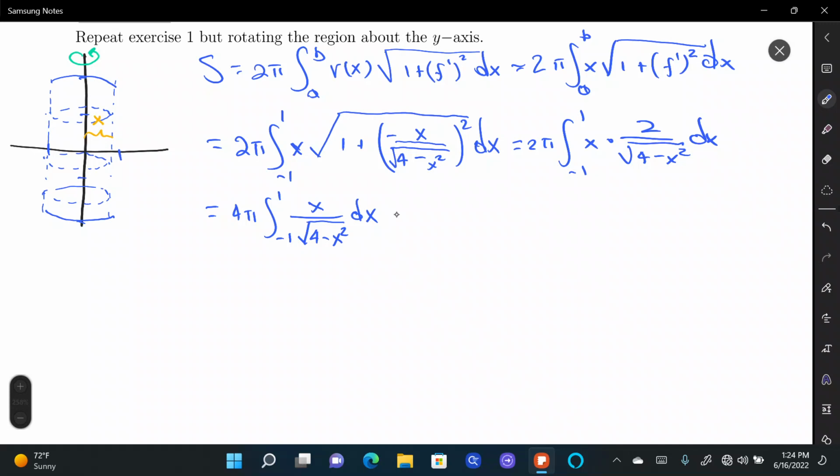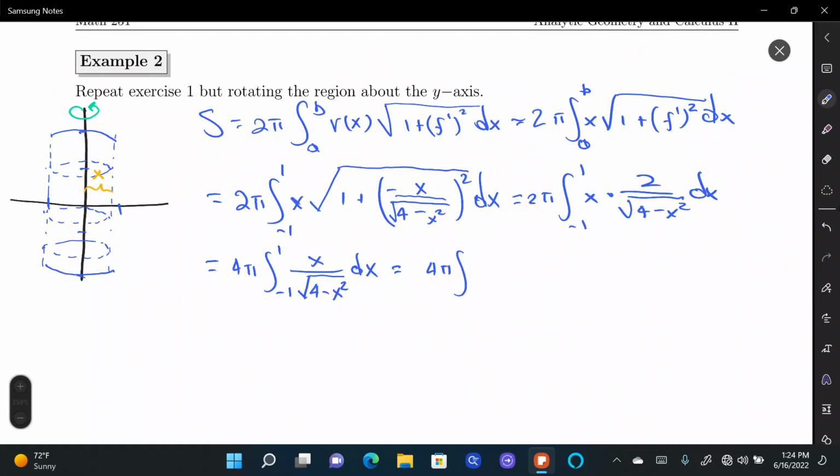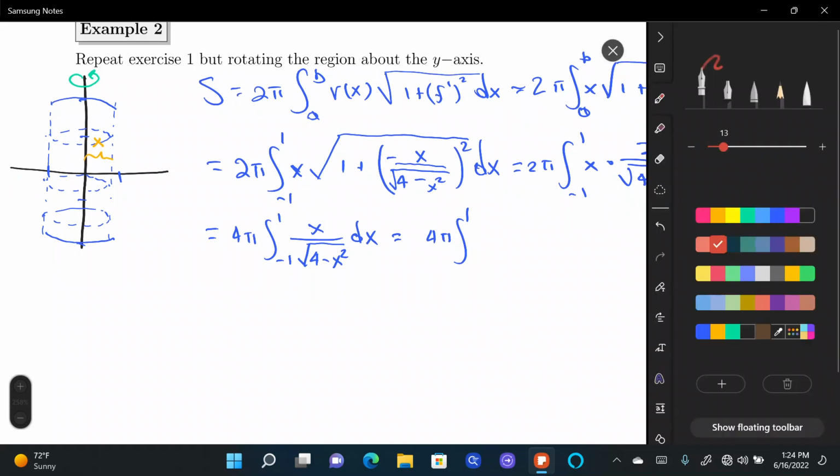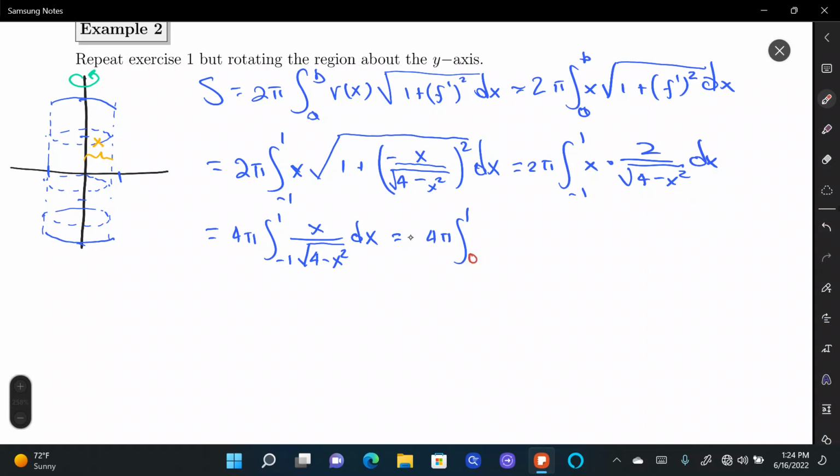So instead of integrating from -1 to 1, I'm going to integrate from 0 to 1, and multiply by 2. So integrating from 0 to 1 and multiplying that by 2, we can easily get the surface area for the whole region.